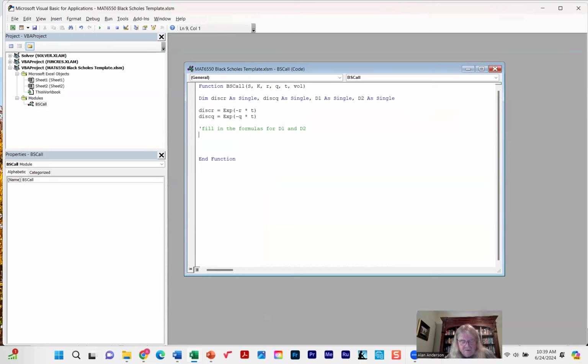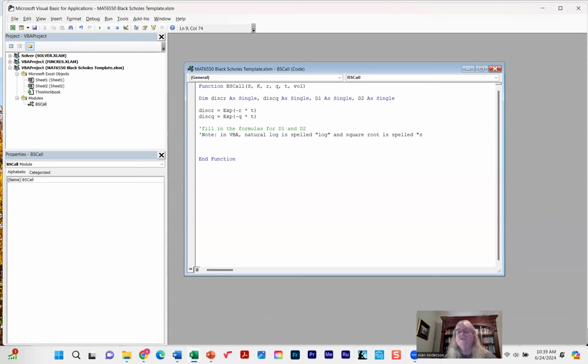The only thing I want you to know is that the only tricky part there is, and I'm going to add this in here, note in VBA, natural log is spelled log, and square root is spelled SQR.